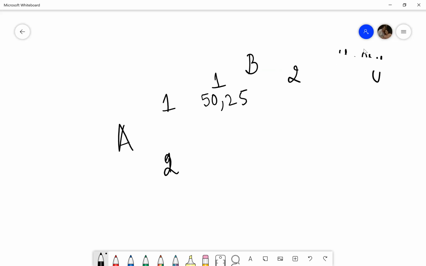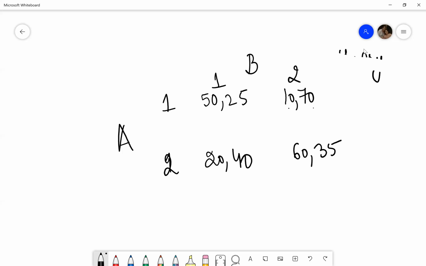That is, if A follows first and B also follows first, they will get a payoff of 50 and 25 respectively. Then we have 10 comma 70. That is, if A follows first and B follows second, they will get a payoff of 10 and 70 respectively. Similarly, we have 20 comma 40 and 60 comma 35. So this is our payoff matrix.